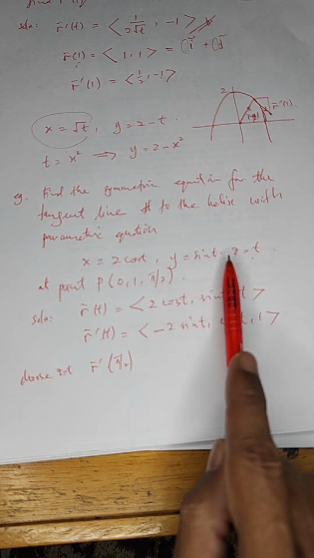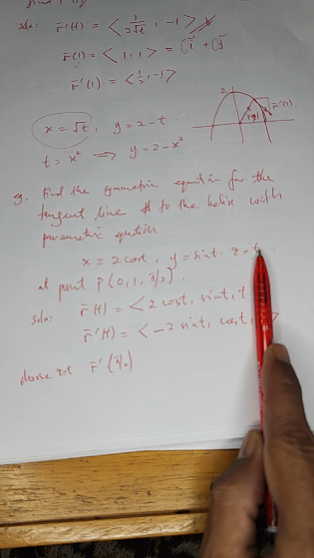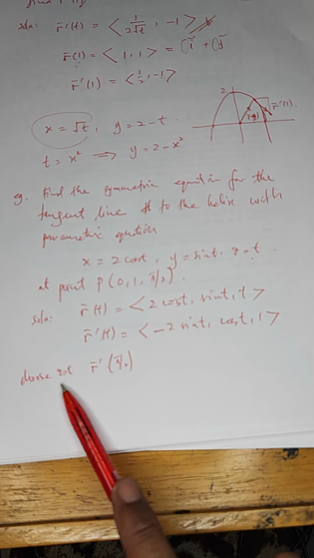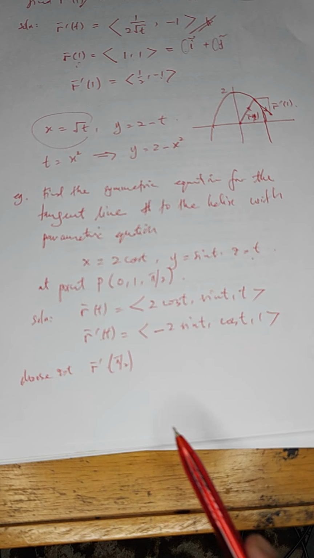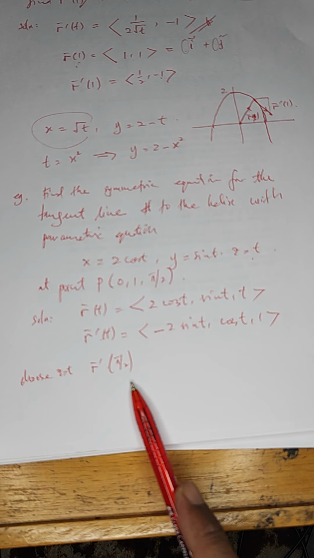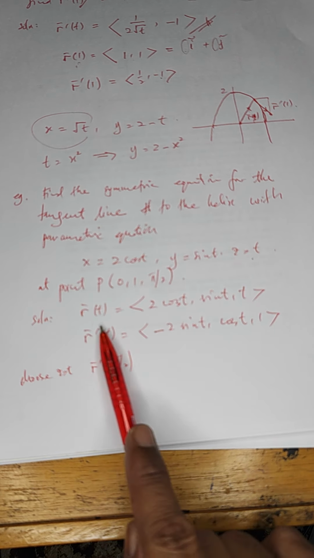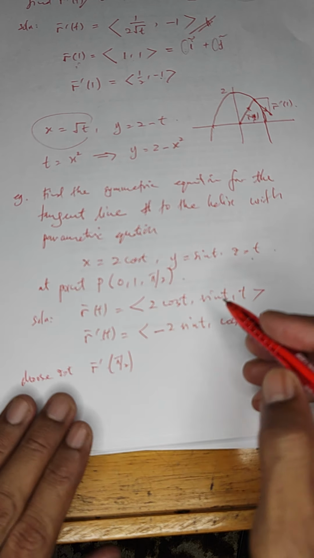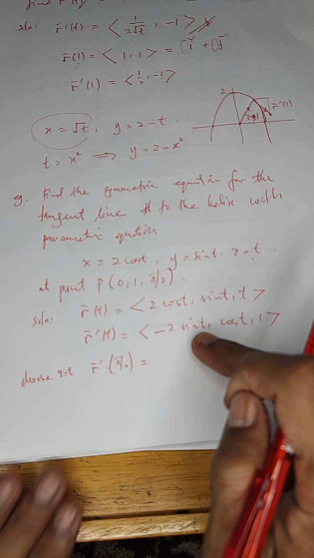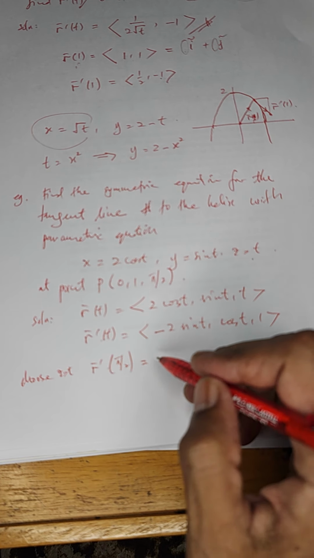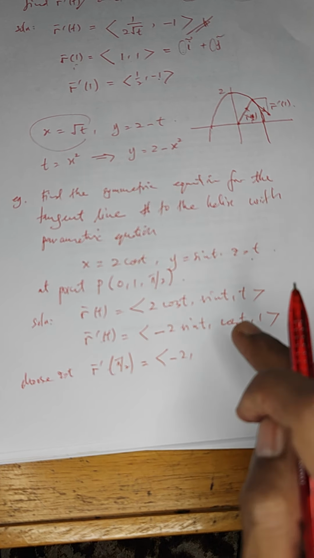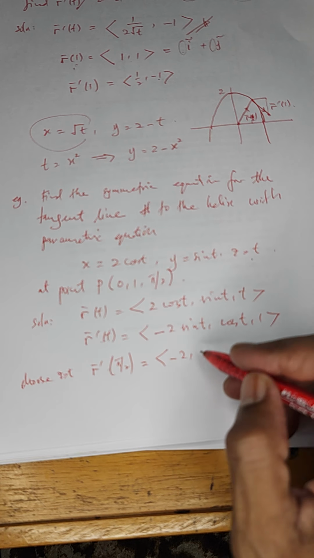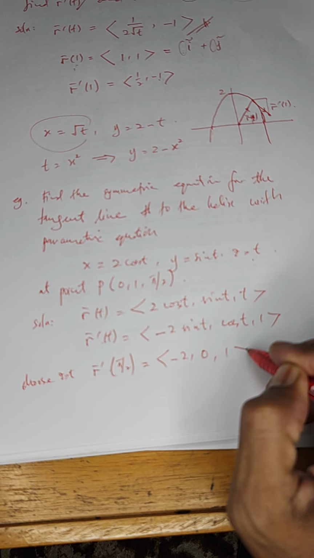In this case, you just put z equal to pi over 2, then you can find t directly. That's why I choose z equal to t as our reference point. So if you evaluate r prime at pi over 2, sine of pi over 2 is 1, so we get minus 2. Then cos of pi over 2 is 0, and 1.